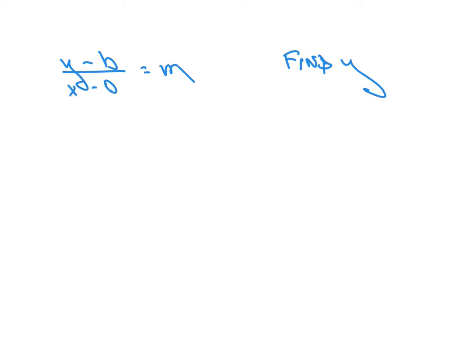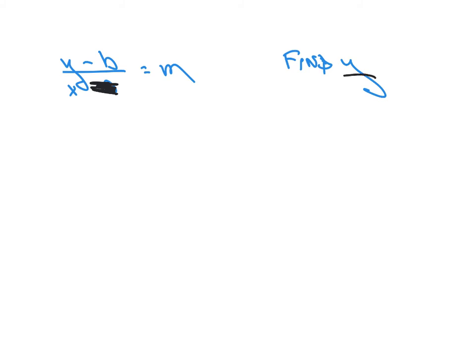So where do we start? First of all, notice the denominator, x minus 0. When you subtract 0, nothing happens, so we can just get rid of that, and we've already simplified it.